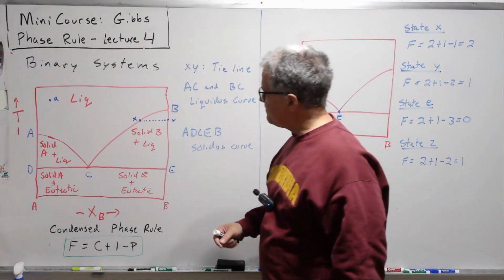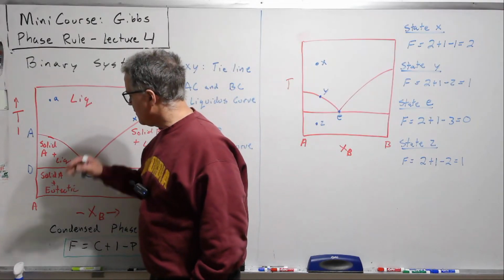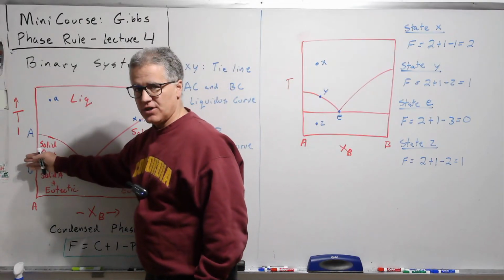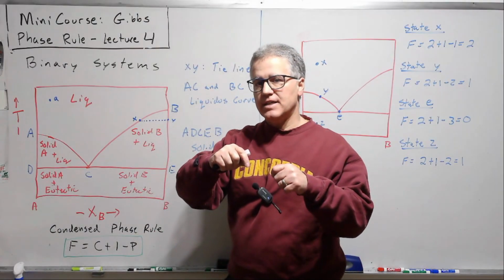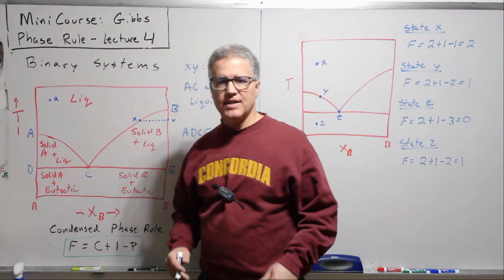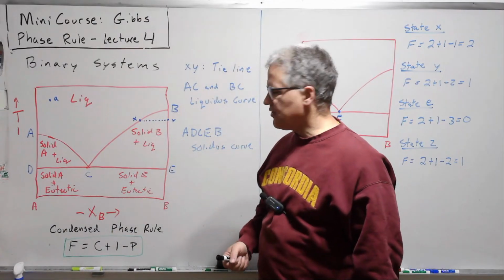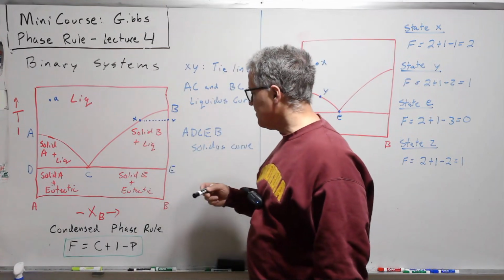Then what we're going to do is plot temperature versus the mole fraction of A and B in that solution, and create a phase picture in that regard. So a little different than the phase diagram we saw before, which was temperature and pressure.